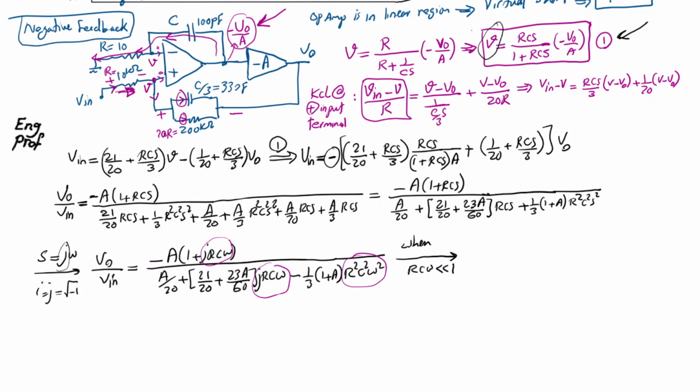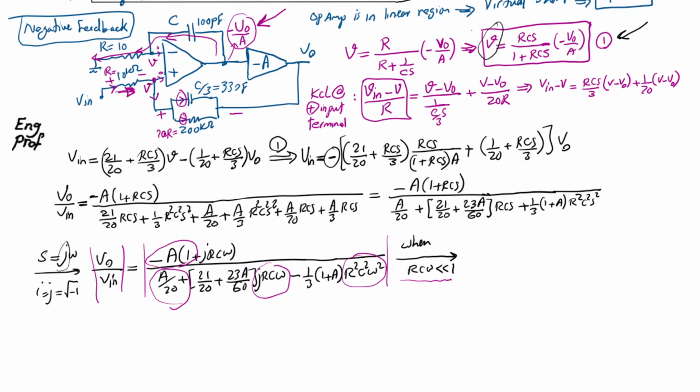So how can we do that? When RC omega is much less than 1, we can say that these components, when we compute the amplitude of this whole thing, could be neglected compared to just the real components in numerator and denominator.